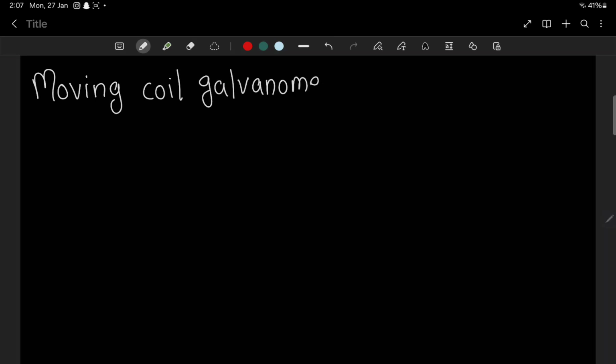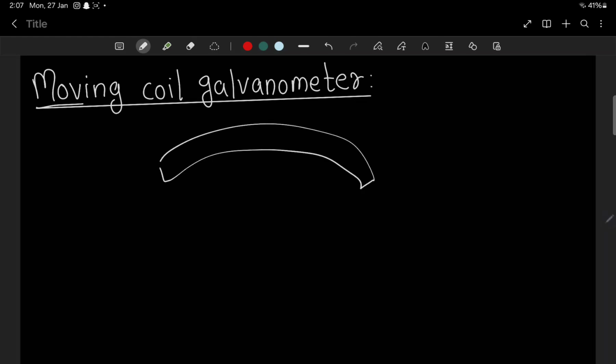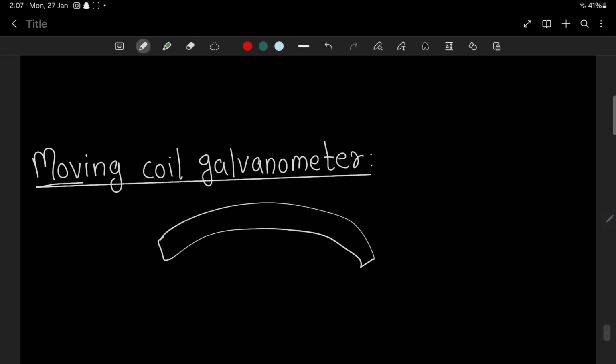Now the derivation for the moving coil galvanometer. First of all, we have a meter like this.